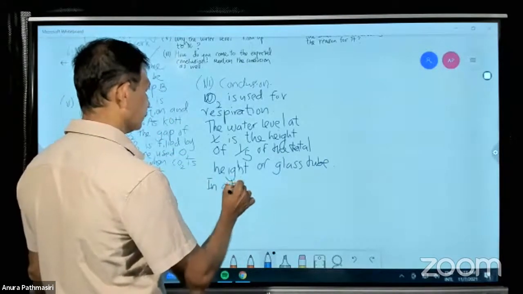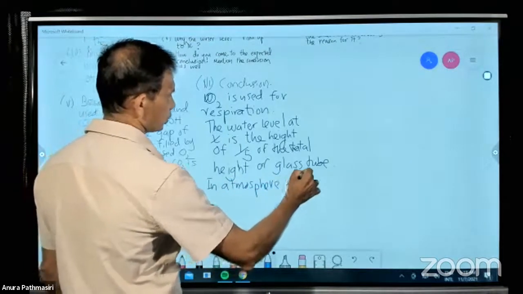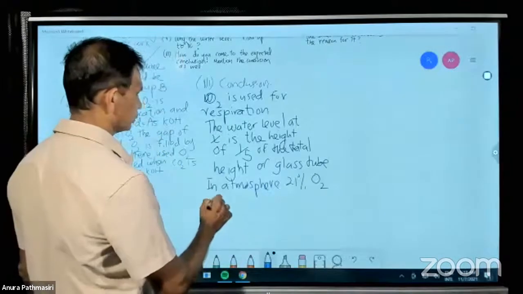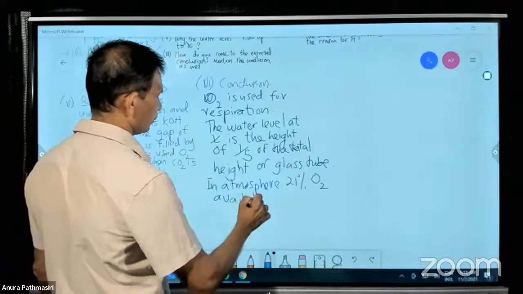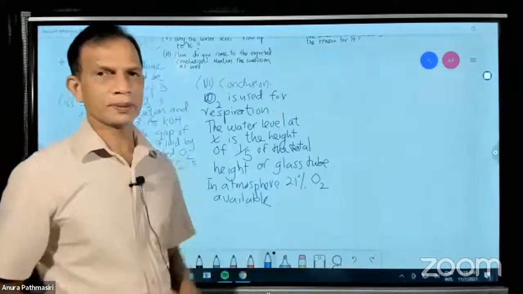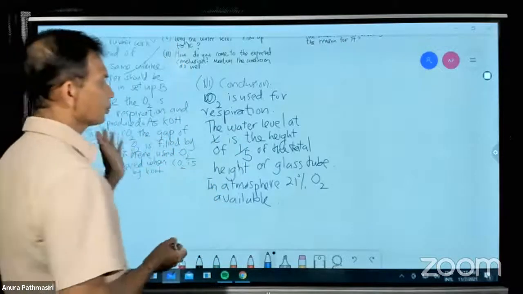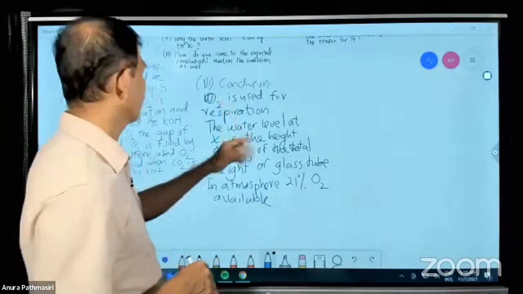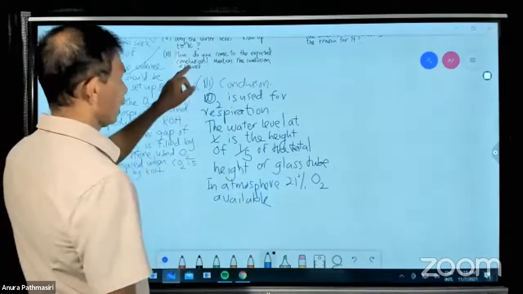In the atmosphere, 21% oxygen is available. So when oxygen is removed, the 1/5 part will be spaced there. So that is filled by water. Moving to the next part.